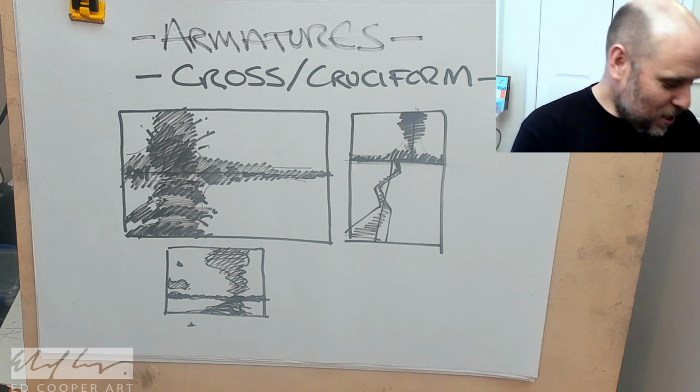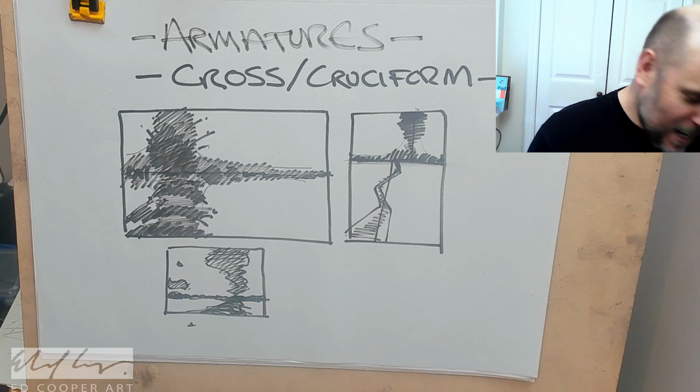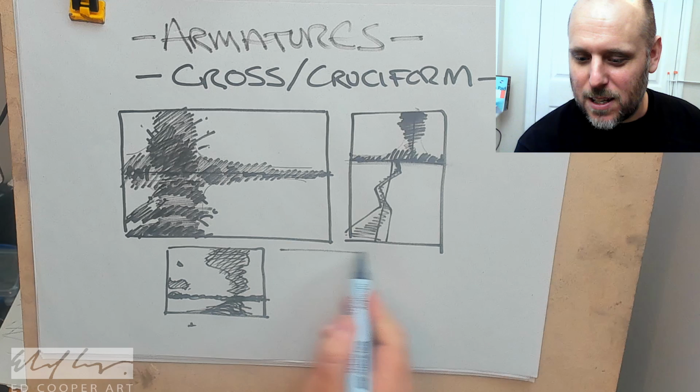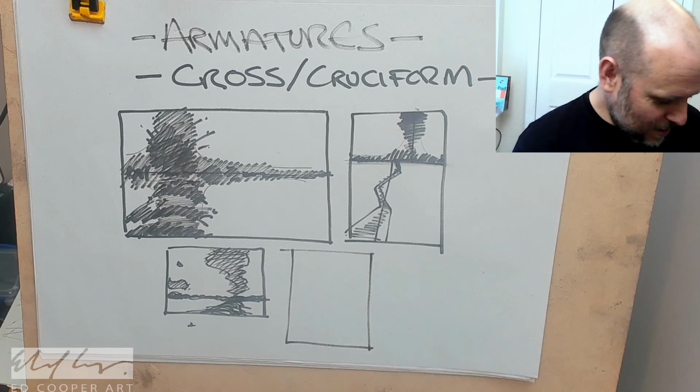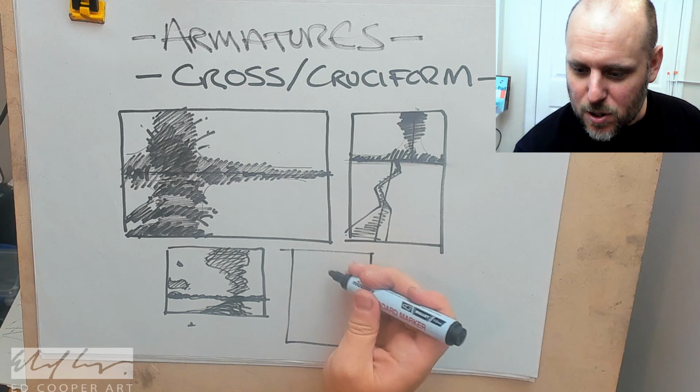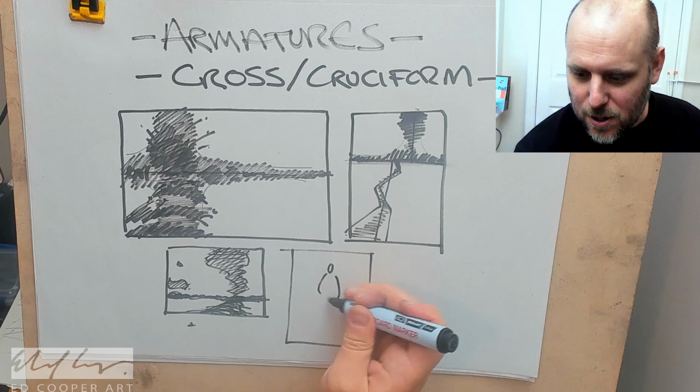So in the book actually he also gives another example, he uses it in a portrait. So he has a portrait of someone sitting on a chair.